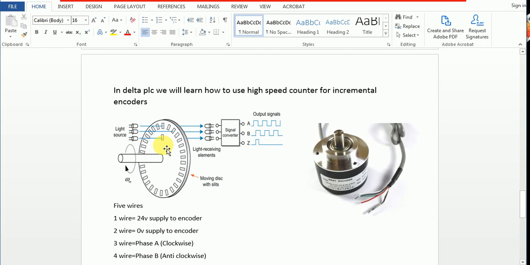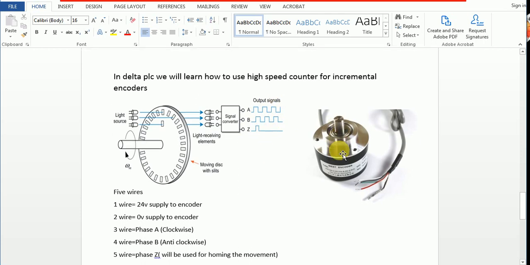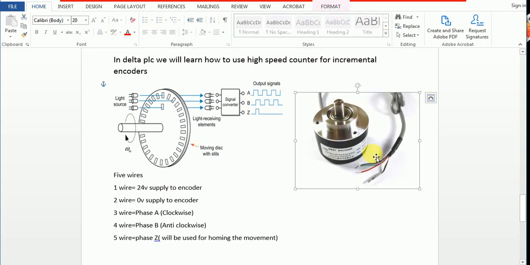When this moving disc with slits moves with a shaft, it will give some values. Here you can see A, B and Z, 3 values, and this encoder has 5 wires: black, red, green, brown, white.